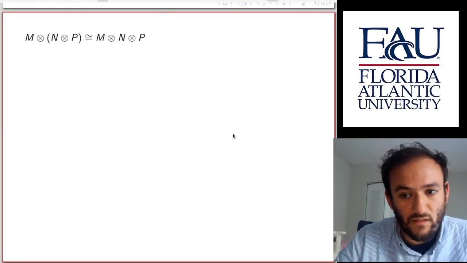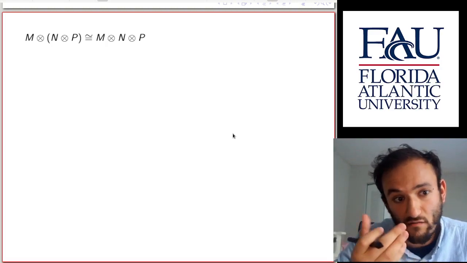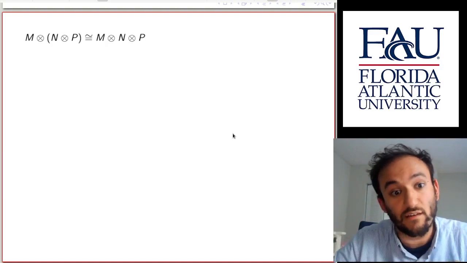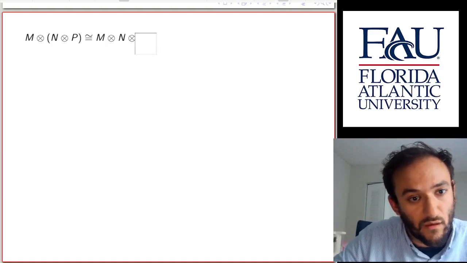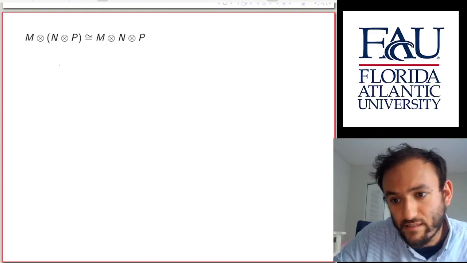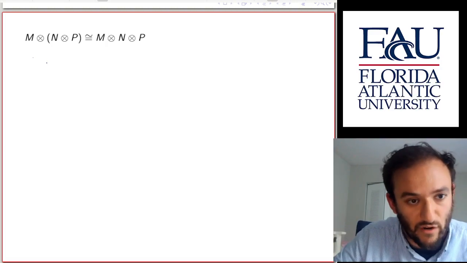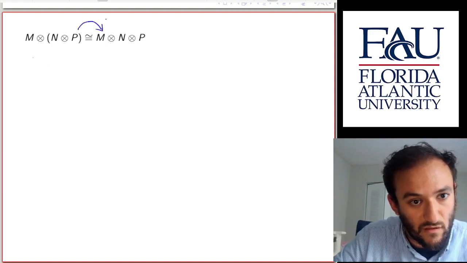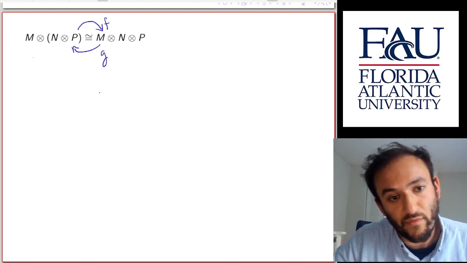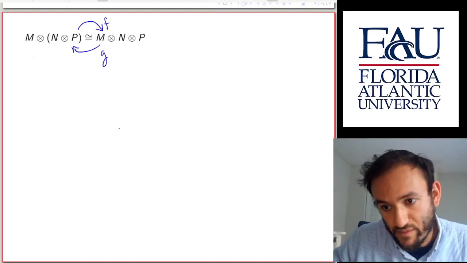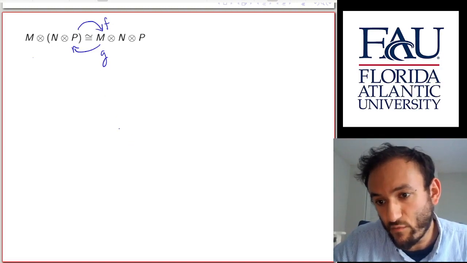If we take the tensor product of N and P, and then tensor with M, that equals the three-way tensor product of M, N, and P. And in order to do this, we're going to show the existence of two maps, first the map going this way, and then the map going this way, and then assert that composition gives you the identity, which implies isomorphism.